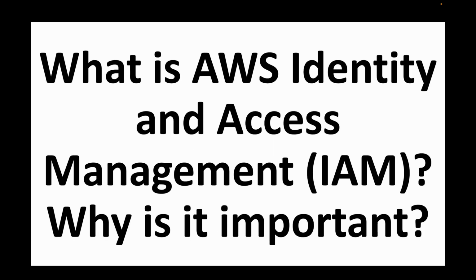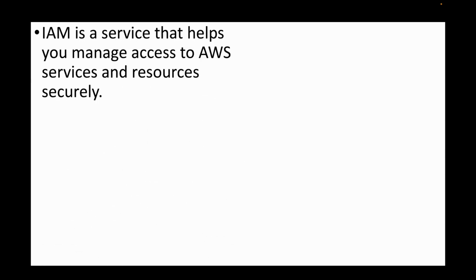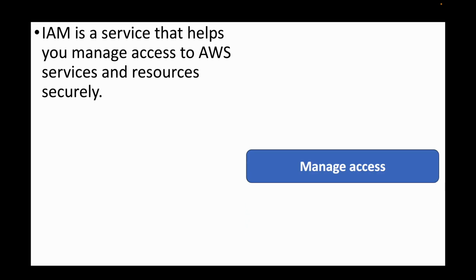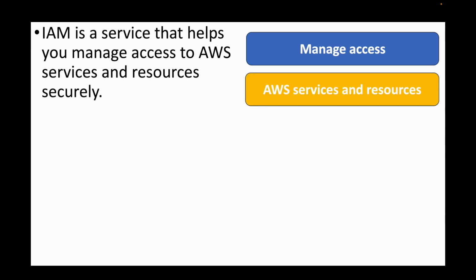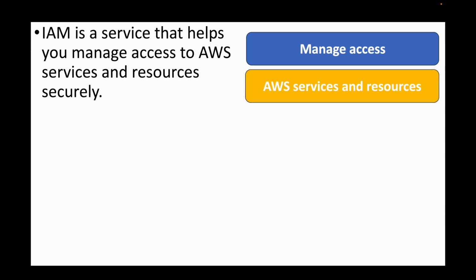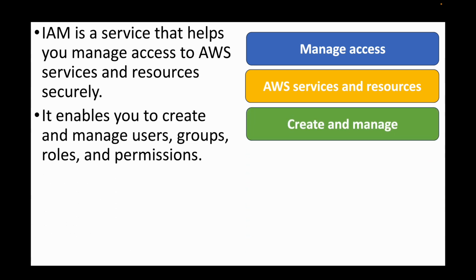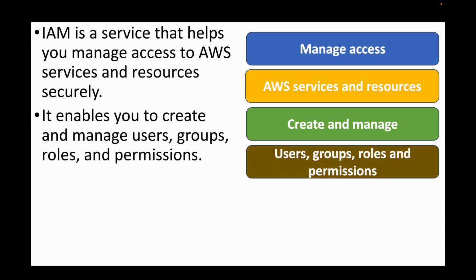The first question we have is, what is AWS Identity and Access Management, also known as IAM, and why is it important? IAM is AWS's backbone for securely managing access to your AWS resources. By using this, we can create user groups, users, and roles, and define permissions with policies and all those things.